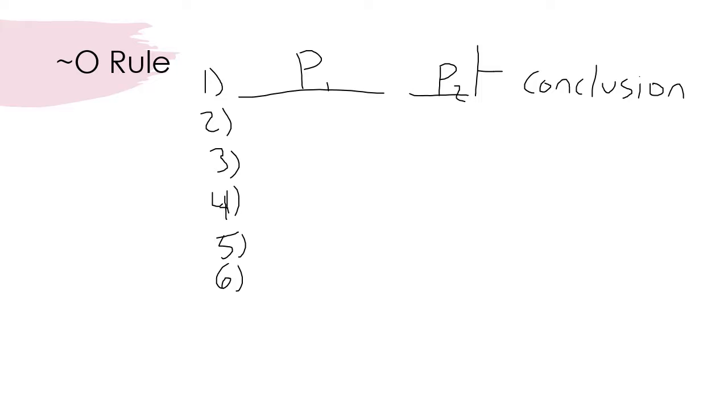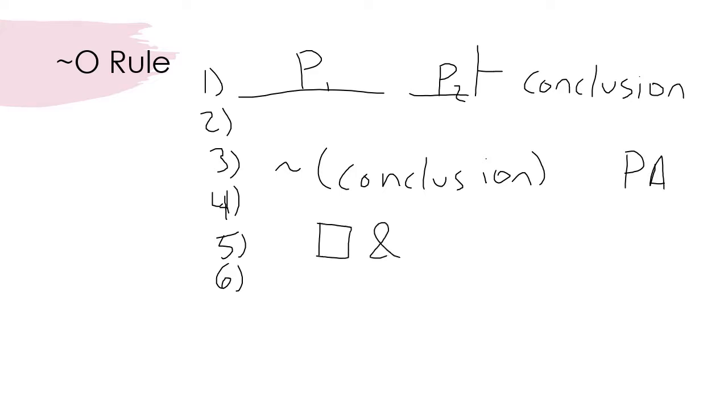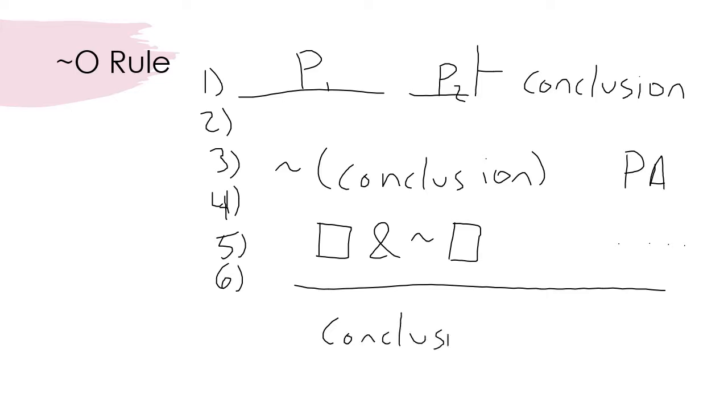So what you have to do is make a PA with a tilde included on the conclusion. Then you'll look to build a contradiction just like tilde in. And then from these two things, you'll end up getting the conclusion doing tilde out.